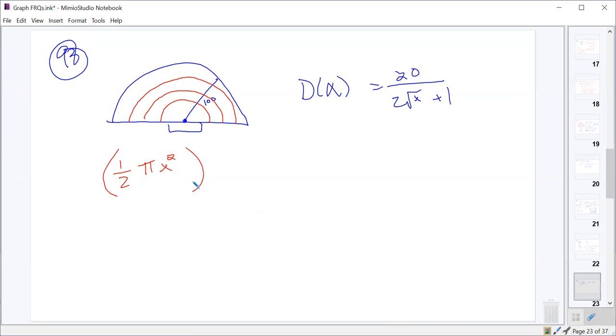And then we're going to have to multiply that by our density. And that ought to give us the number of people in each little very thin region. And then we'll just integrate that from people that are right up on the stage at 0 to people that are 100 feet away from the stage there.